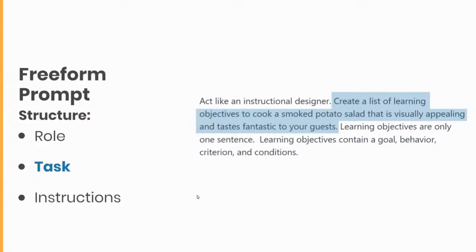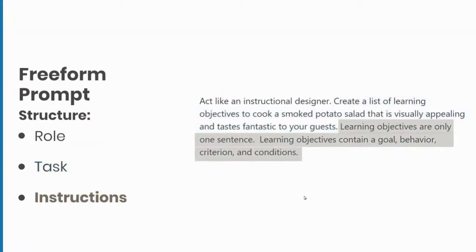So one additional thing that you can add to a prompt, in addition to the task, are very specific instructions. And so in this example, it says learning objectives are only one sentence. Learning objectives contain a goal, behavior, criterion, and conditions. Now, depending upon where you learned how to write a learning objective, it could vary depending upon, again, what you are looking for in that learning objective.